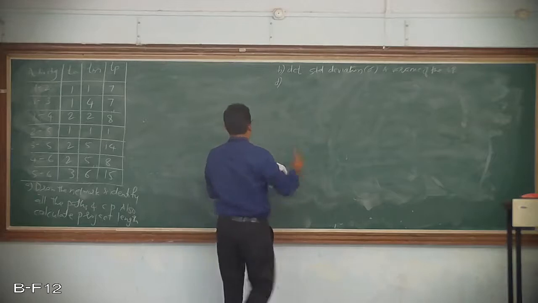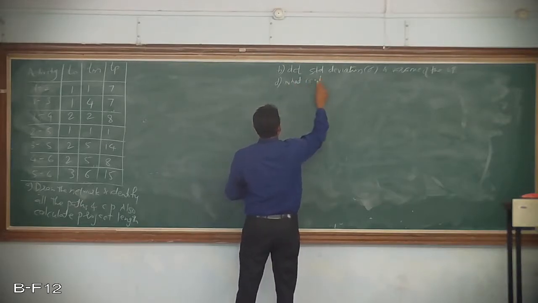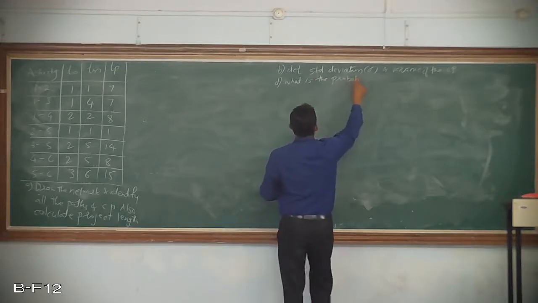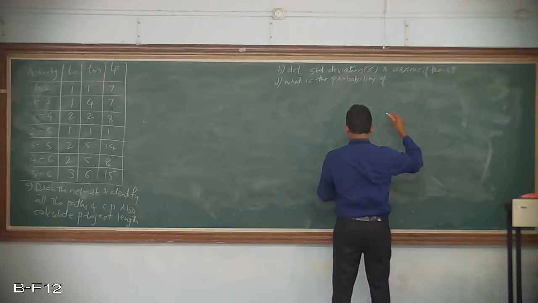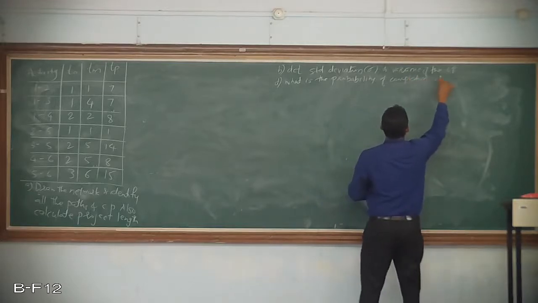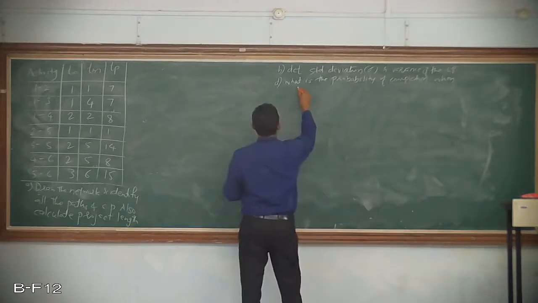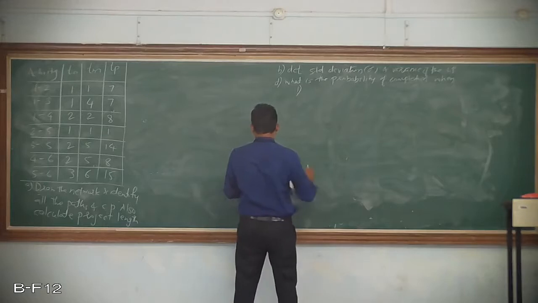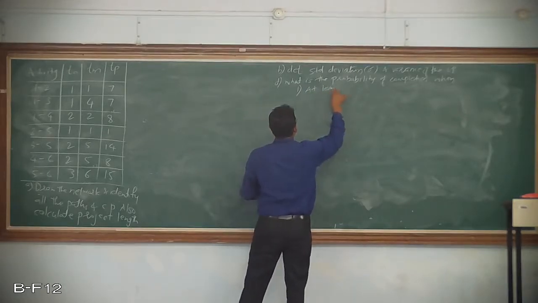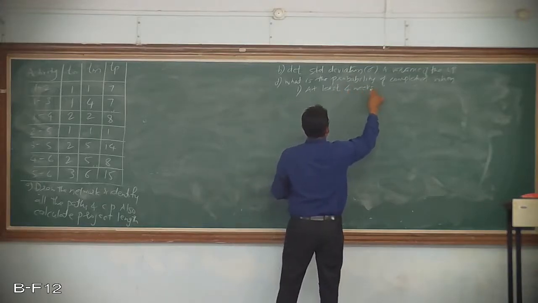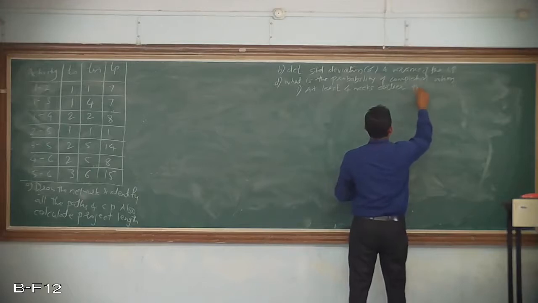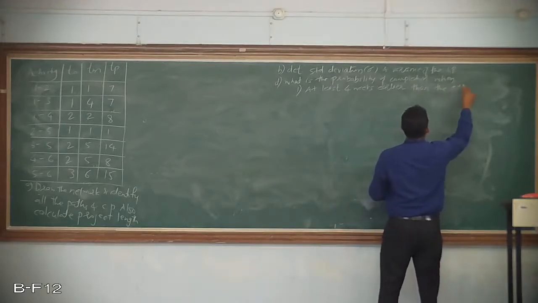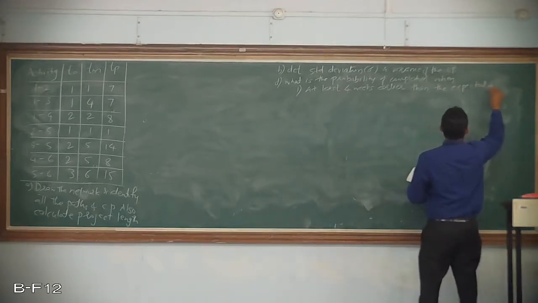And what is the probability of completion when, first part in this, at least 4 weeks earlier than the expected time.